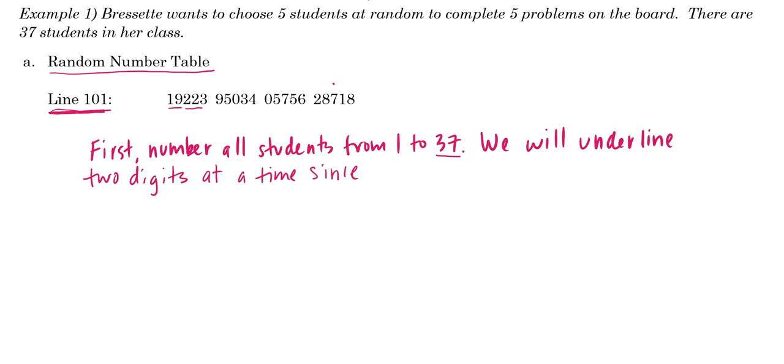So we will underline 2 digits at a time. I'm going to put a period there, and then in parentheses, I'm just explaining this to you. When you're doing this on your homework or on a quiz or on a test, I would not expect you to write what I'm about to write in parentheses. And that's since our largest value, 37, has 2 digits.